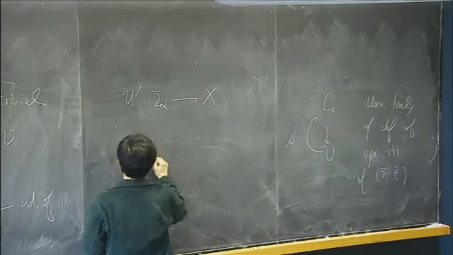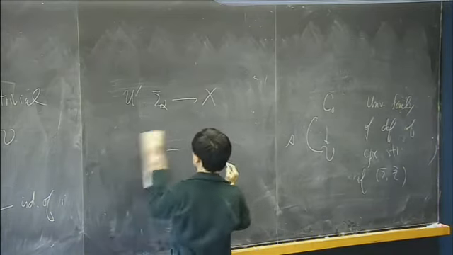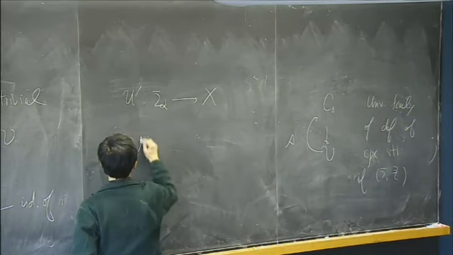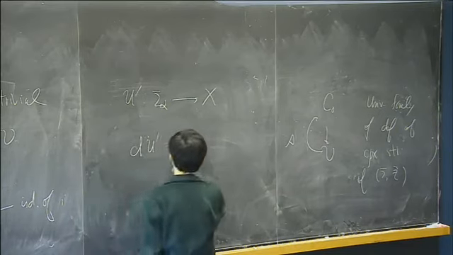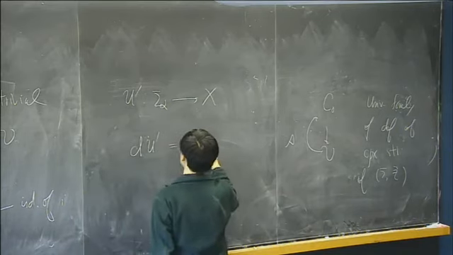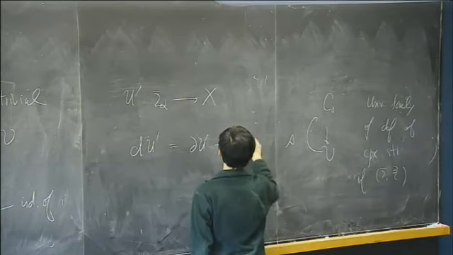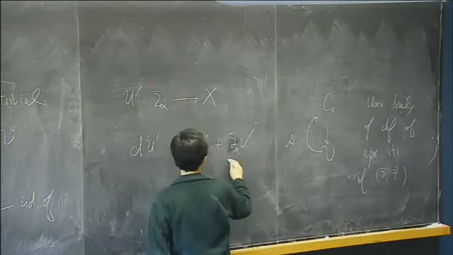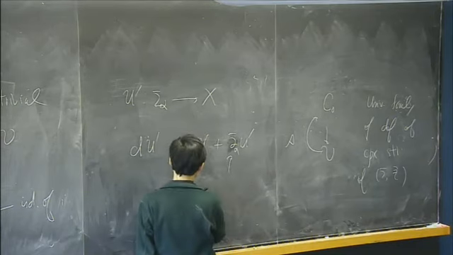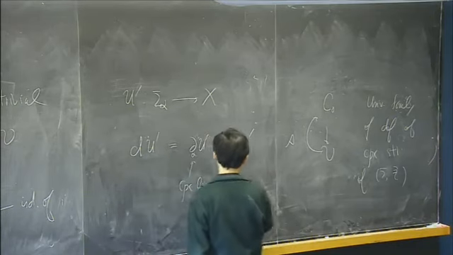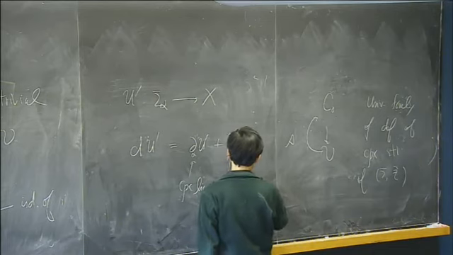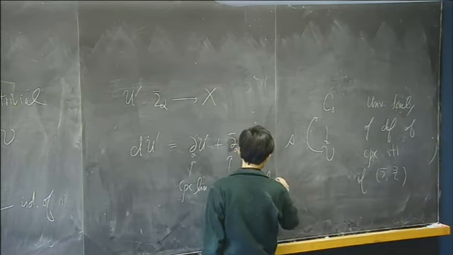Let me take du prime and divide it into this partial u prime plus d-bar u prime. I want to put in alpha. So this is the complex linear part. This is the anti-complex linear part.